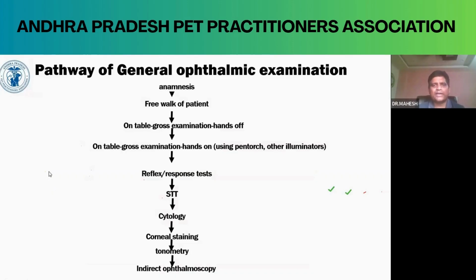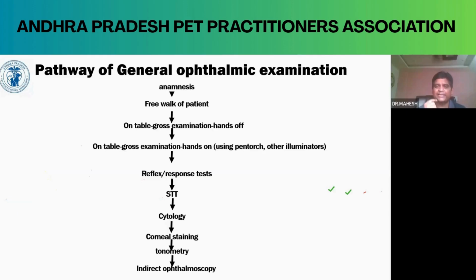Then take the animal in a normal, bright, well-lighted room for gross examination, first without anything and then on the table using a pen torch or other illuminators like a direct ophthalmoscope illuminator. Then you have to check the menace and the PLRs, which we commonly use. Then you have to use the STT, that is the Schirmer tear test. Then you have to go for the cytology.